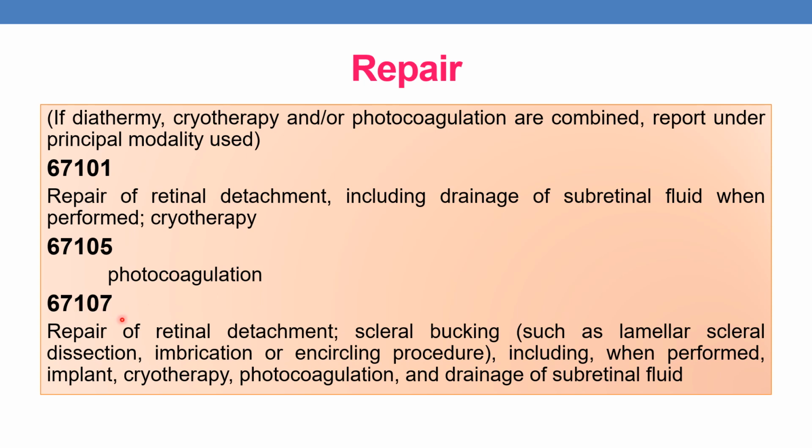The next is 67107. Repair of retinal detachment, scleral buckling. For example, lamellar scleral dissection, imbrication or encircling procedure, including when performed implant, cryotherapy, photocoagulation and drainage of subretinal fluid.